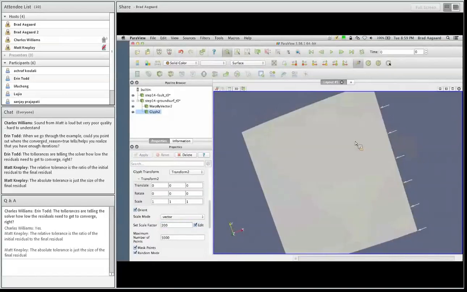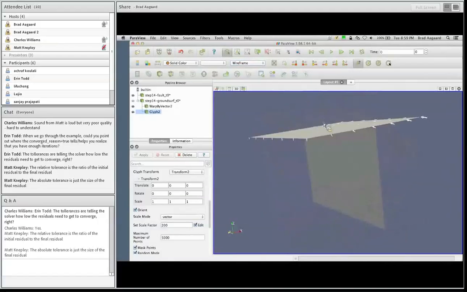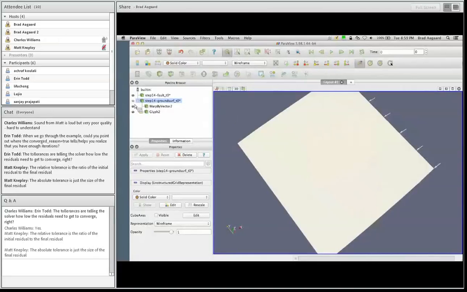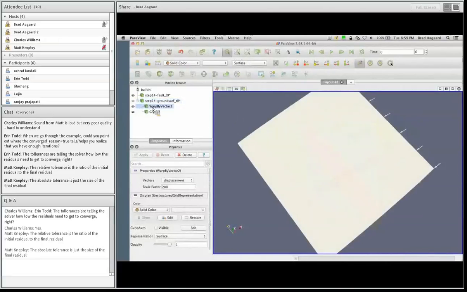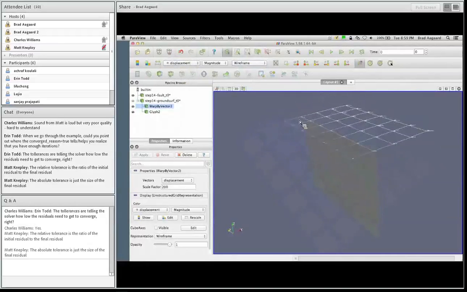So there's our original displacement. Let's show the wireframe. Whoops, I want my ground surface as a wireframe of displacements.